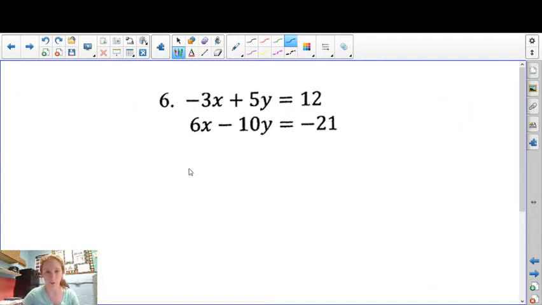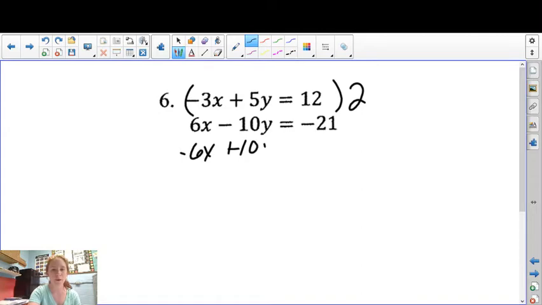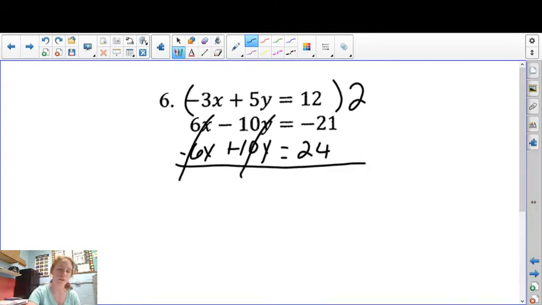What to go after? I went after the 6's first. Let's go after the y's this time. So to get rid of the y's, I need a 2. So I have negative 6x plus 10y equals 24. Gone, gone, not gone.